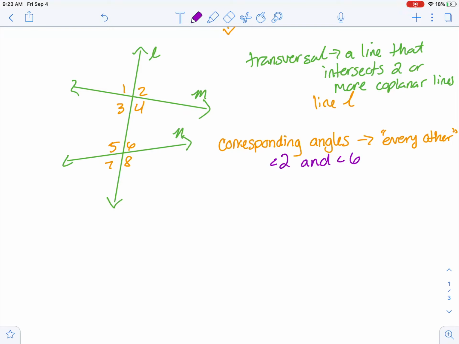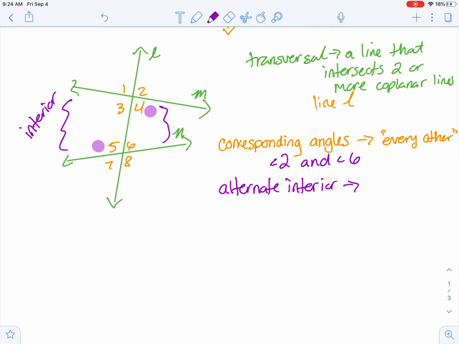Let's do another one. Our next angle we're going to learn is alternate interior. Alternate interior. This is exactly what it sounds like. Okay, they're alternate from each other and they're between the lines. So picture these two parallel lines here, and anything between, okay, these are the interior, which means anything outside of that would be the exterior, above and below. So we're looking interior, and we need to look diagonal.